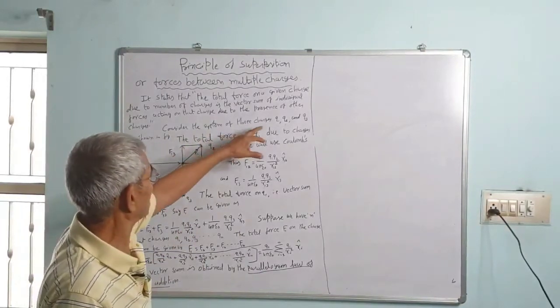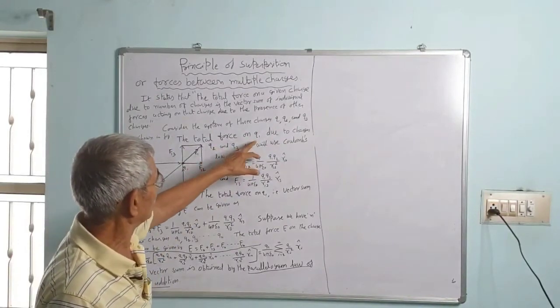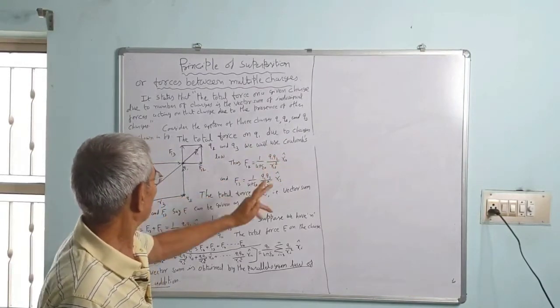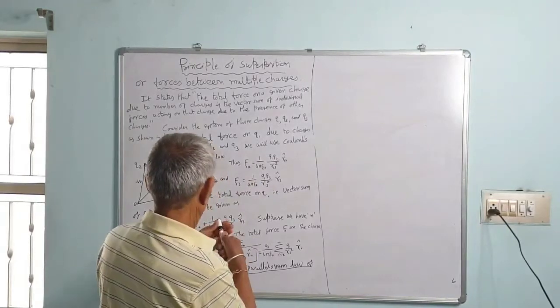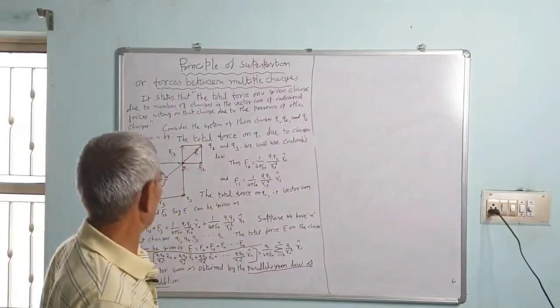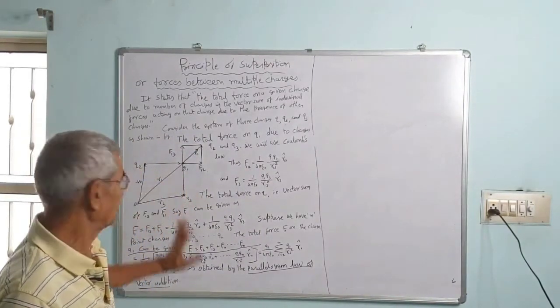Consider the system of three charges Q1, Q2 and Q3 as shown in the figure. The total force on Q1 due to the charges Q2 and Q3 will be... we will use Coulomb's law for calculation of total force on Q1 due to Q2 and Q3.